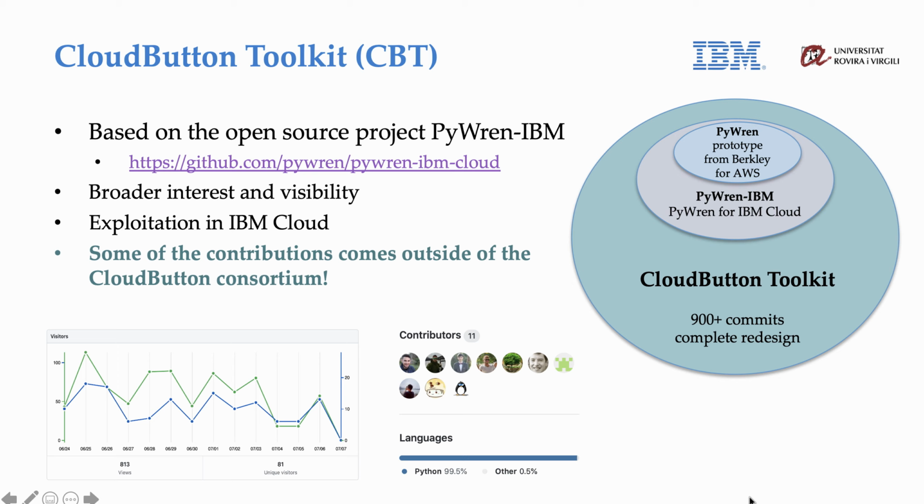And the visibility of this project actually brings more contributions. It's an open source project, Apache license, and so we see contributions that come from outside of the Cloud Button Consortium. And some of them use this project to make other big data frameworks serverless. So we see that we're on the right path, and there's good visibility and good usage of this project.